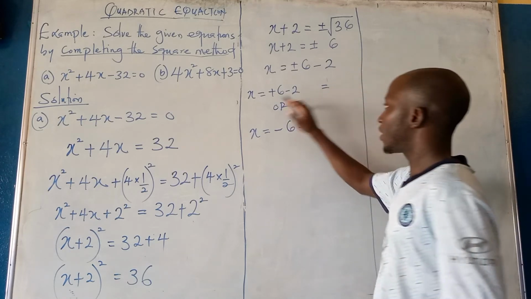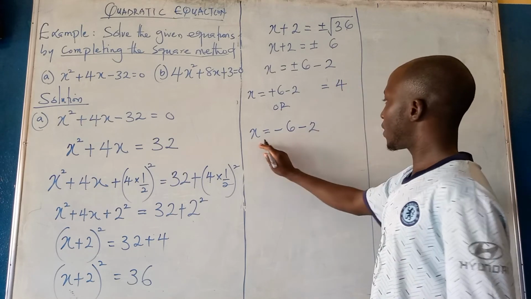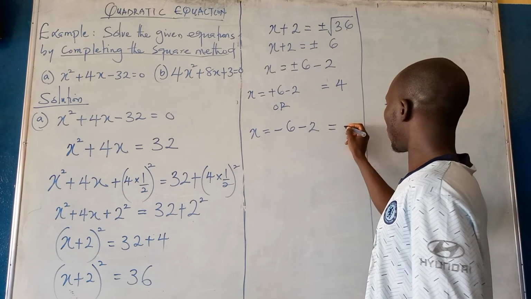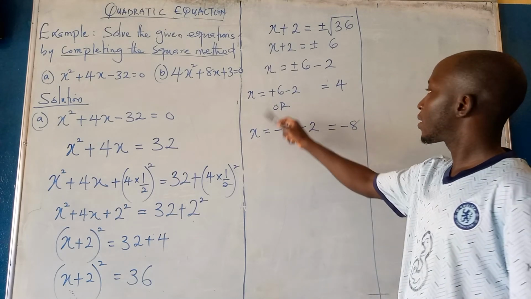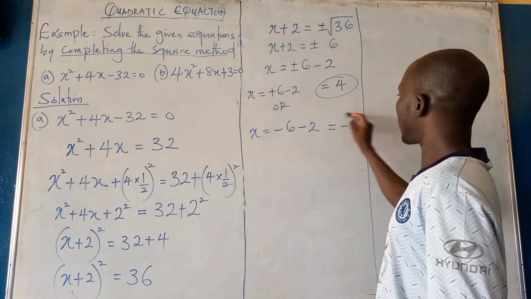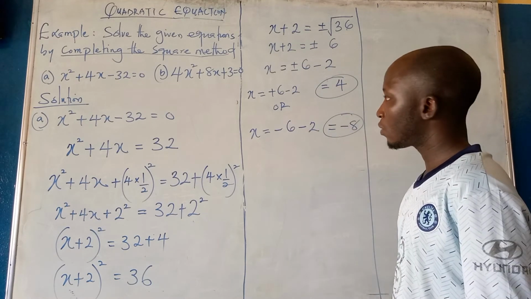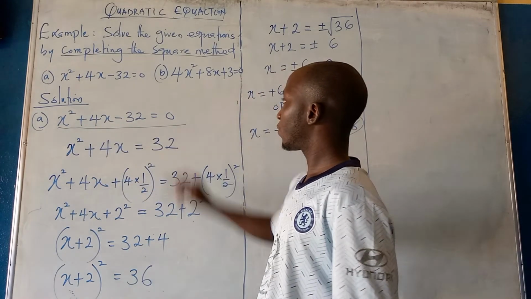In this case x gives us 4, and in this case x gives us minus 8. Therefore x equals 4 and x equals minus 8 are the roots of this quadratic equation.